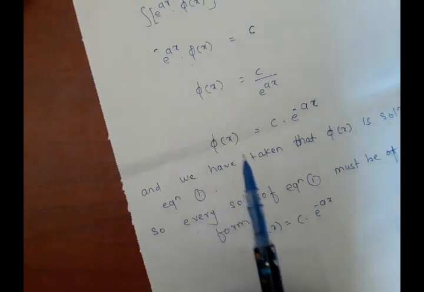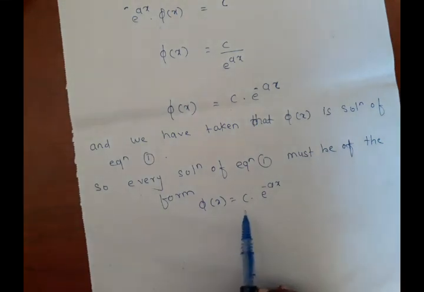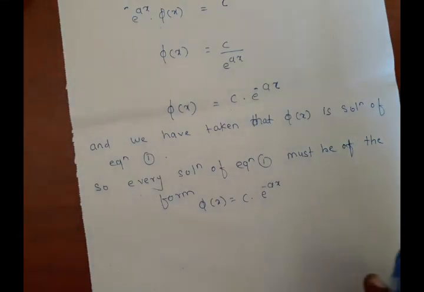That is, here phi(x) is a solution of this given equation, then it can be in the form phi(x) = c e^(-ax).